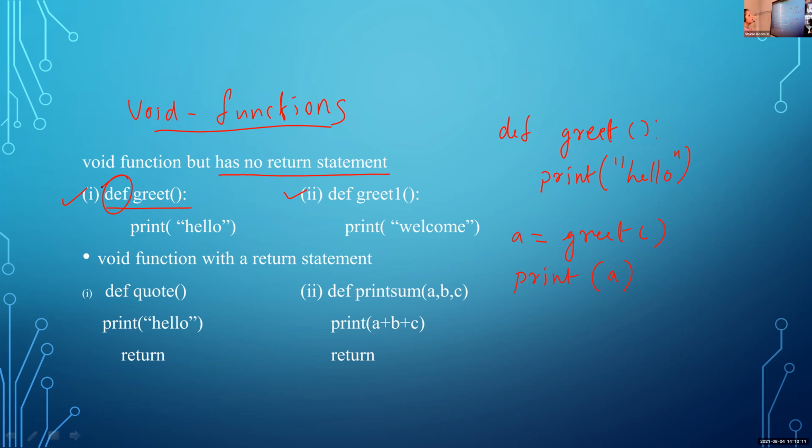def greet with an empty bracket. After that colon, print hello. A is equal to greet, empty bracket, then print A. Aditya, from where does the execution begin for this program?